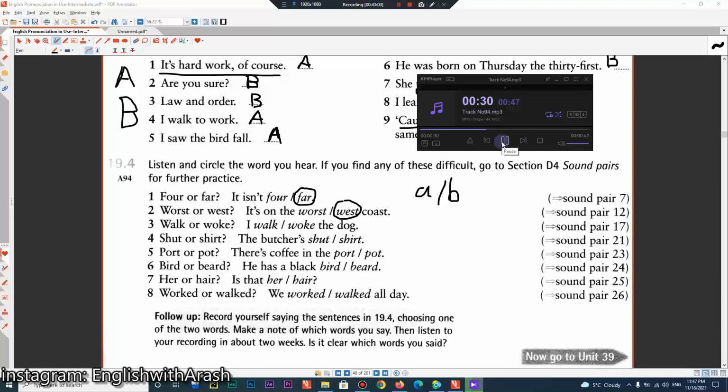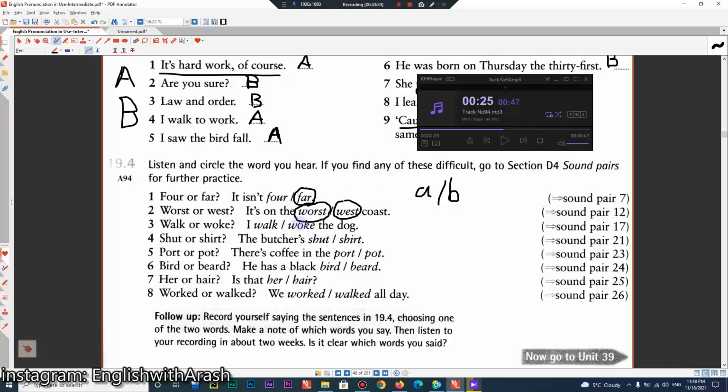3, walk or woke. I walk the dog. I walk the dog. Walk or woke. This one is a little hard. What do you think? Now somebody says worst, somebody says west, so we're going to check that.